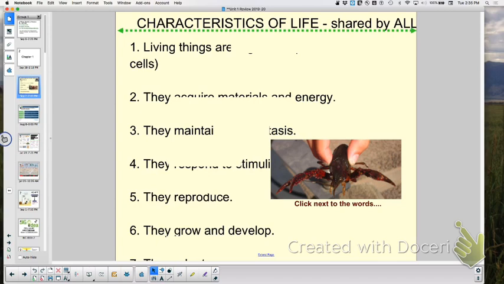They reproduce sexually or asexually. They grow through mitosis, and they adapt, evolution, and die. No longer maintaining homeostasis, no longer able to fight the good fight of entropy.